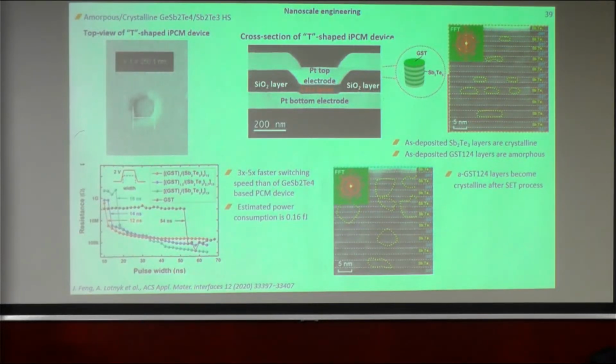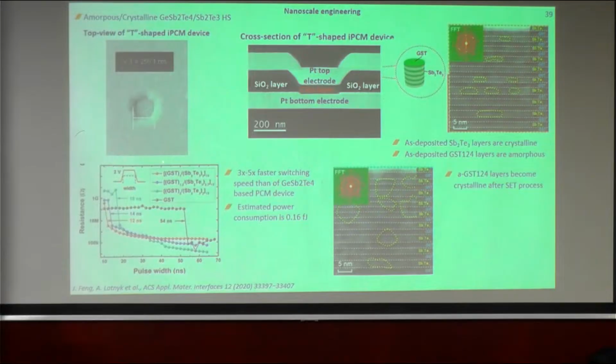But if you make a stack of GST and antimony telluride, you can reduce the switching time to between 12 and 18 nanoseconds.